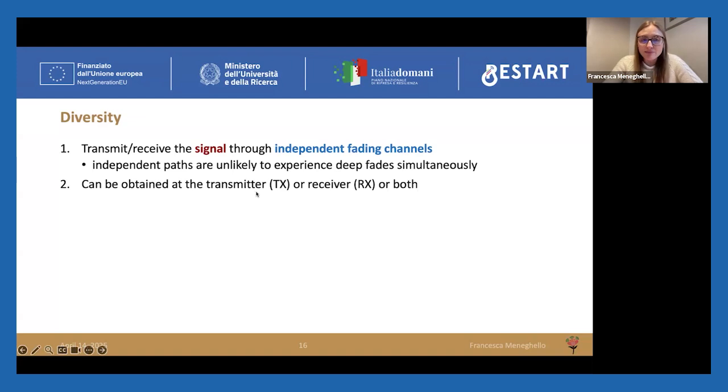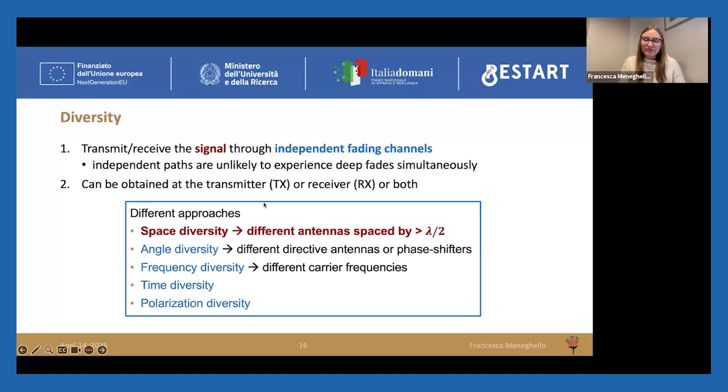So if we transmit from different independent channels, we are applying the diversity at the transmitter, but we can also apply it at the receiver by using several independent fading channels to receive the signal, or also we can combine the two. Actually, here I kept it general because diversity can be leveraged both in the space domain by using different antennas spaced apart by a distance that is higher than the wavelength divided by 2 to create independent fading channels.